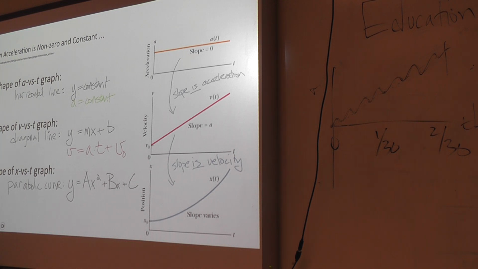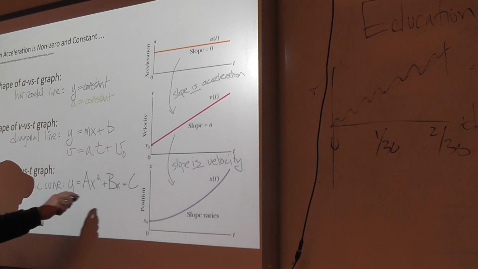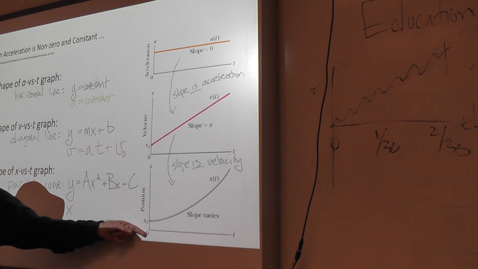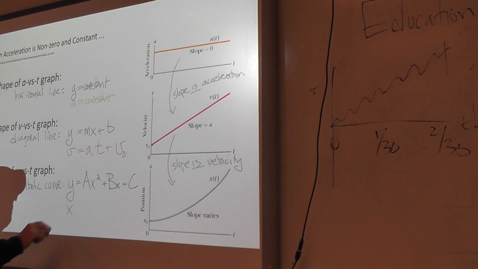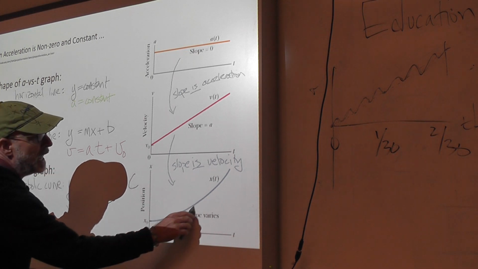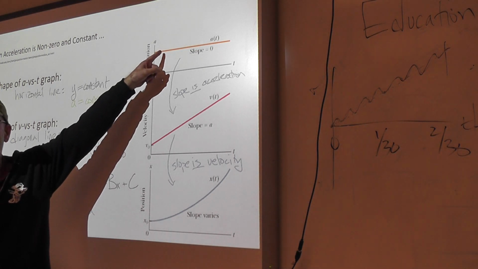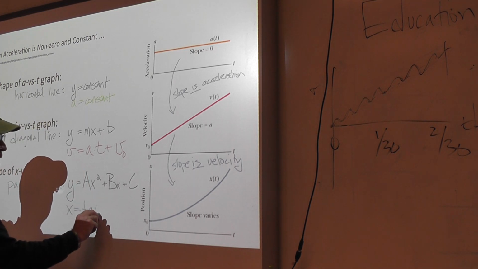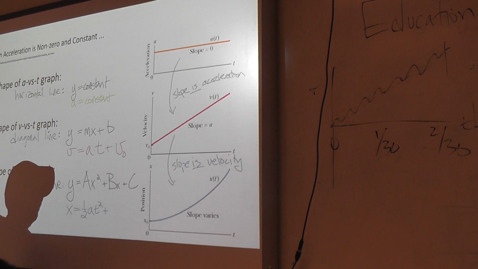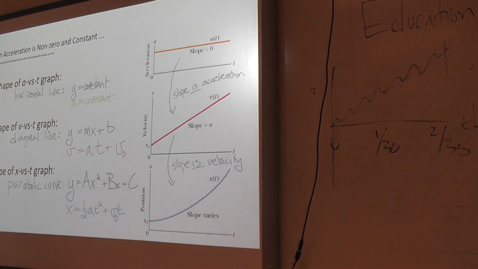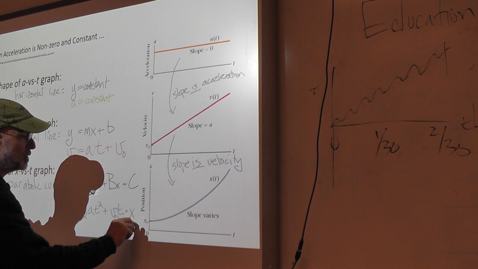But we can figure out mathematically, and I'm not going to ask you to do this, but it's not super difficult, using just a little bit of calculus, to show that this is going to reflect an equation that shows position, which is our x variable along the y-axis, thank you physics, that's going to be equal to 1/2 of the acceleration, so it's related to the acceleration, times our x variable squared, plus whatever our initial velocity is, times our x variable, plus the initial position.